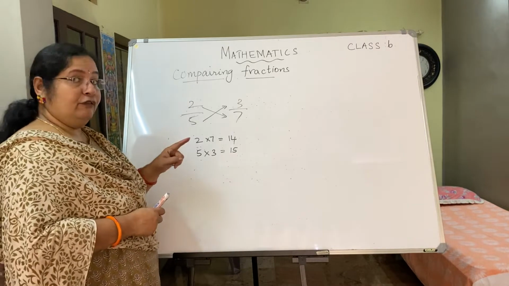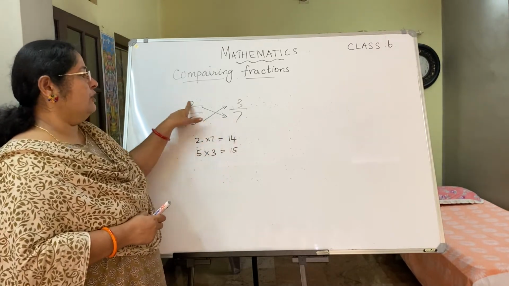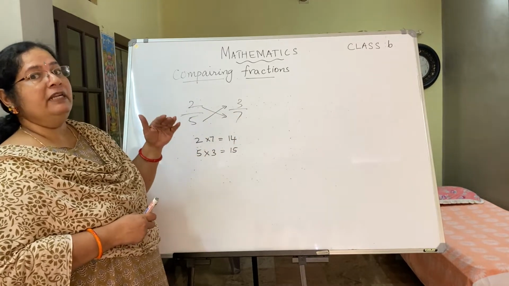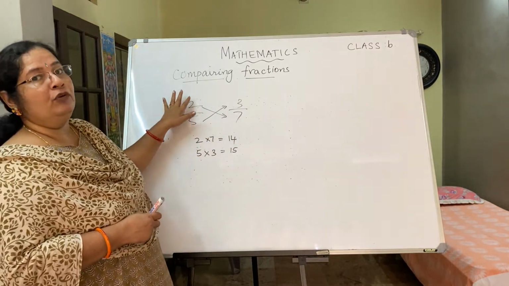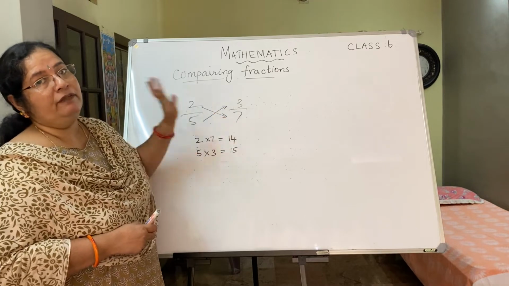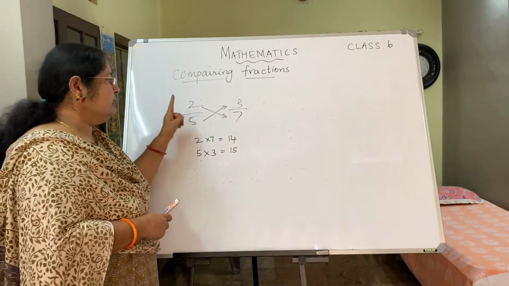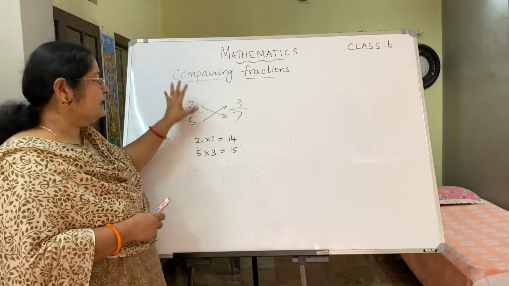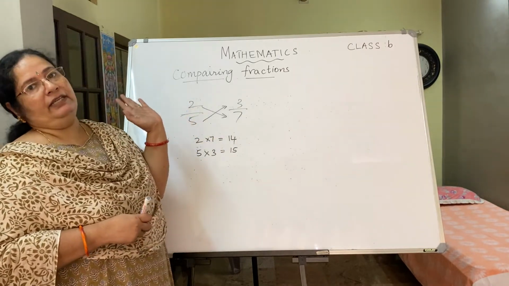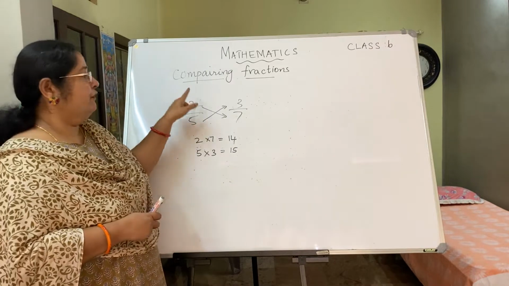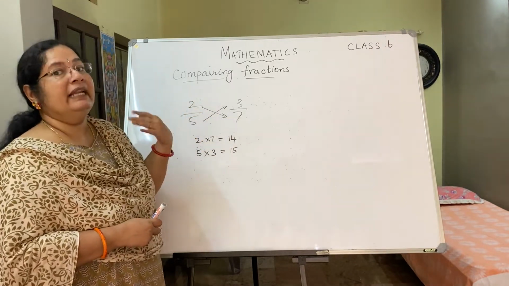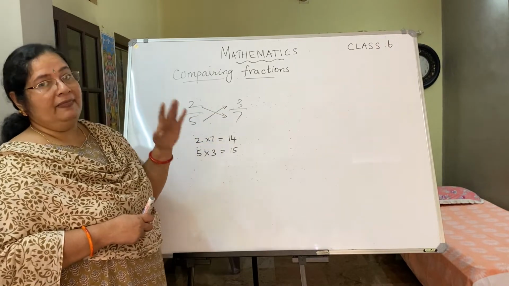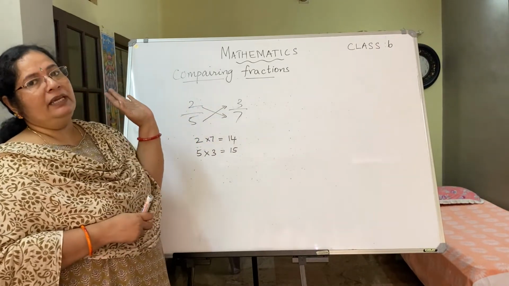If the first cross product, meaning the product of the numerator of the first fraction with the denominator of the second fraction, is greater than the second cross product, then the first fraction will be greater.